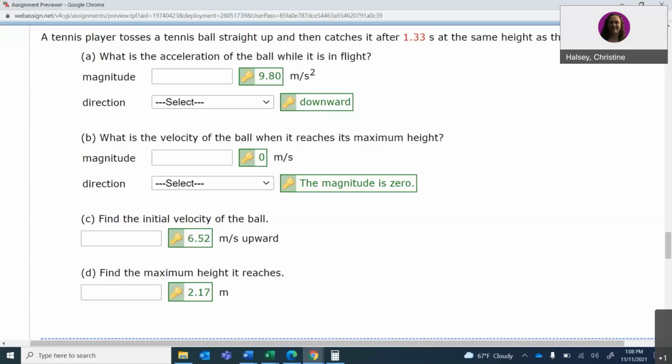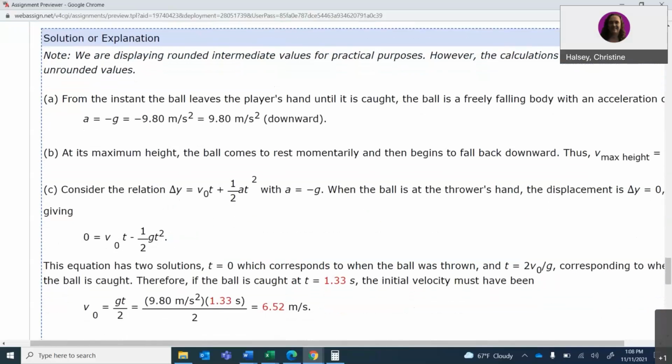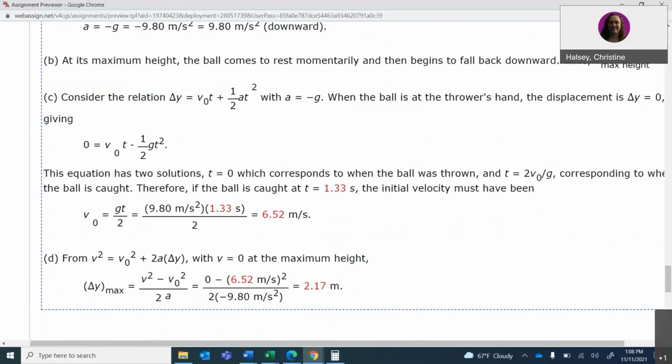All right, now we have to calculate the initial velocity of the ball. Seven C. Consider the equation: the change in the y direction is equal to the initial velocity times the time. Again, this is a sentence.